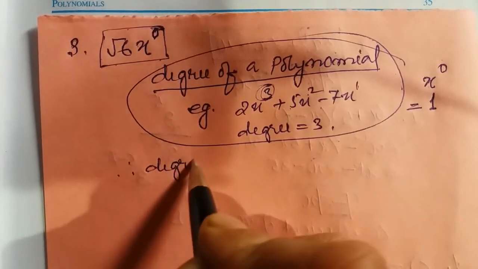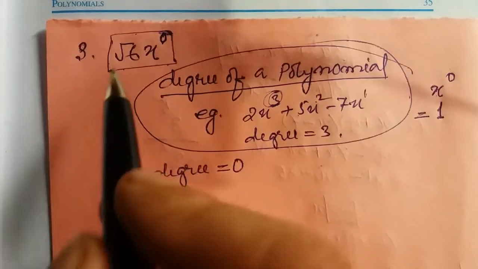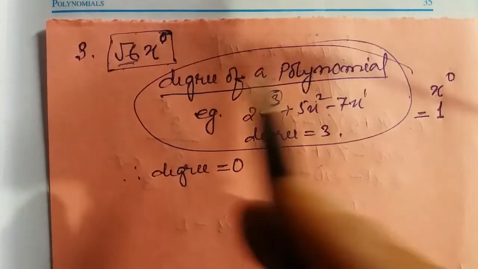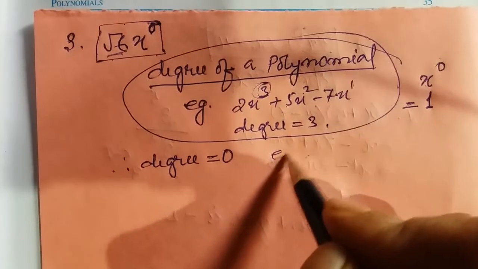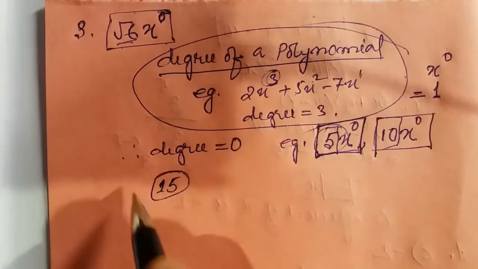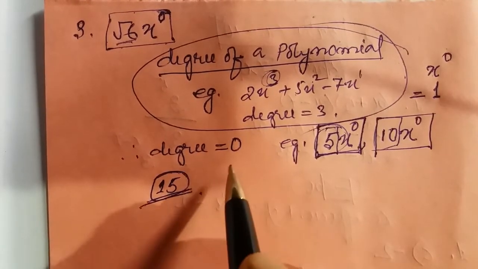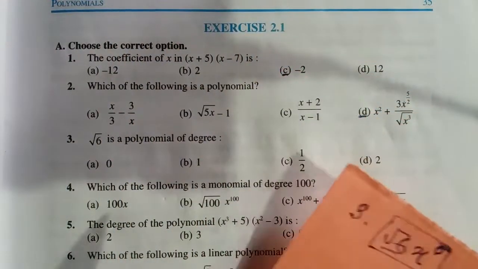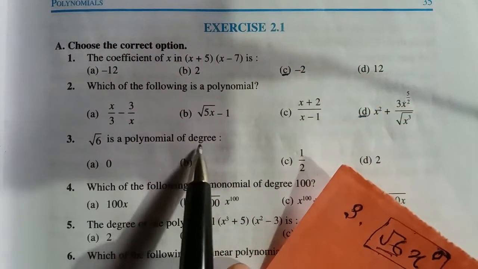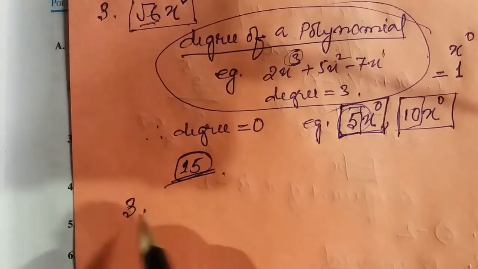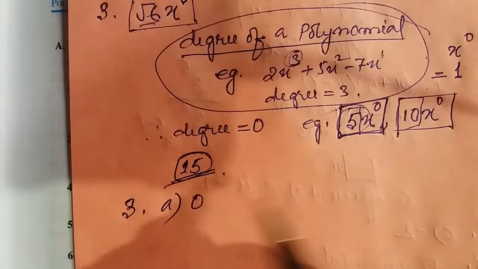Such a polynomial is known as a constant polynomial. Example of a constant polynomial: 15, and the degree is 0. So root 6 is a polynomial of degree 0. So for question number 3, A is the correct answer, 0. Now let's see question number 4.